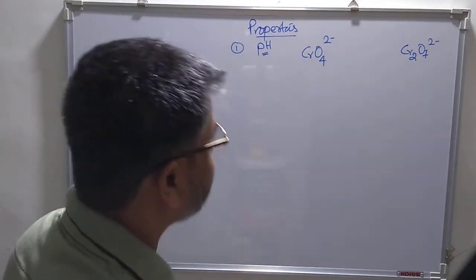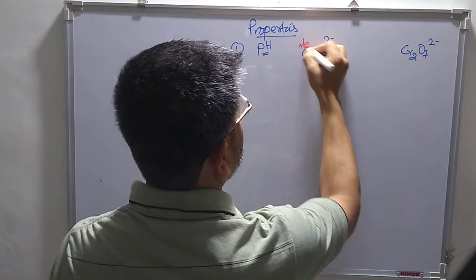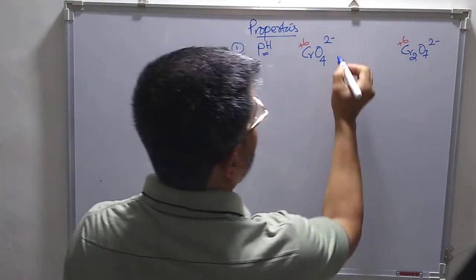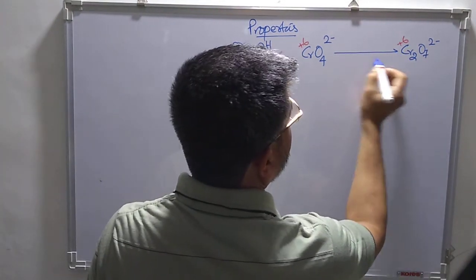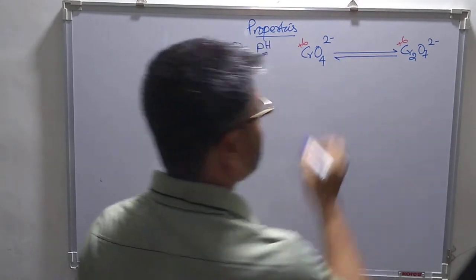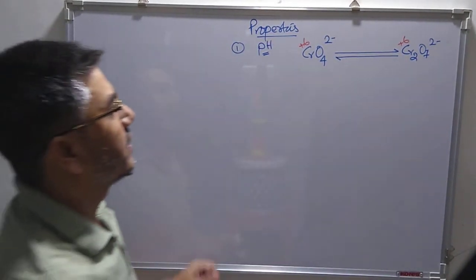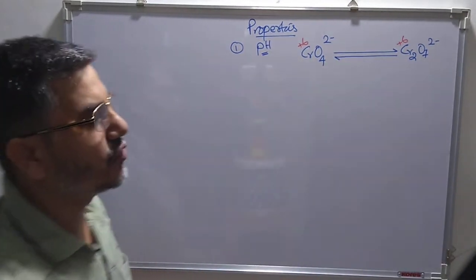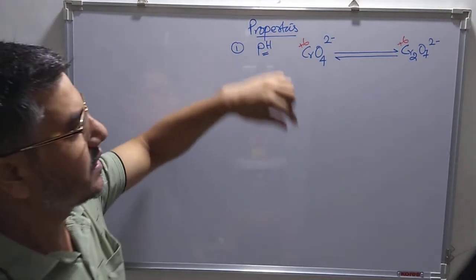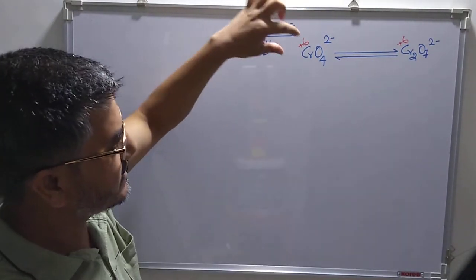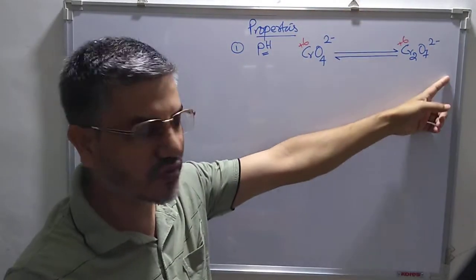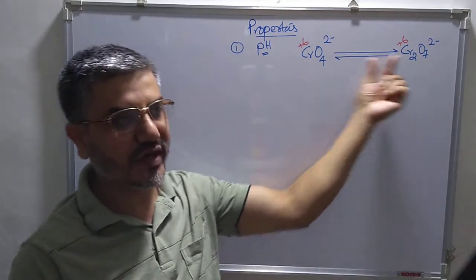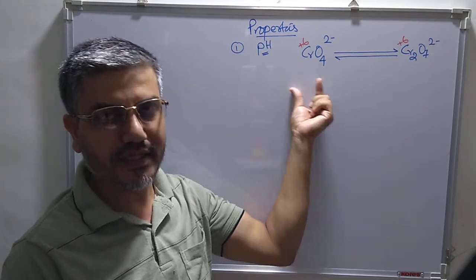In both of these, chromium exists in the +6 oxidation state. Chromate can be converted into dichromate, and dichromate can also be converted into chromate ion, depending on pH. While preparing dichromate from chromate, we make the solution acidic. That means on acidification, or in acidic medium, the chromate ion changes to dichromate. That means the dichromate ion is stable in highly acidic medium, whereas the chromate ion is stable in highly basic medium.